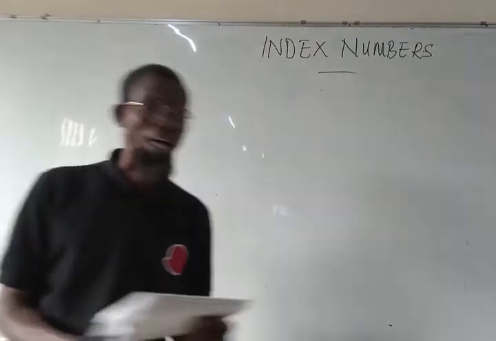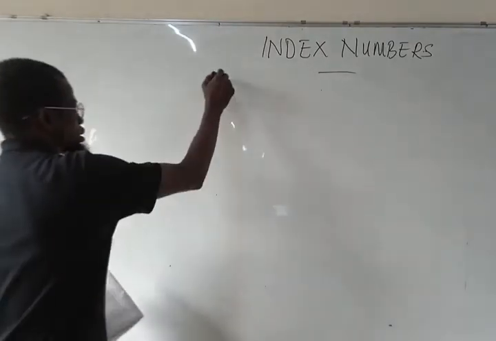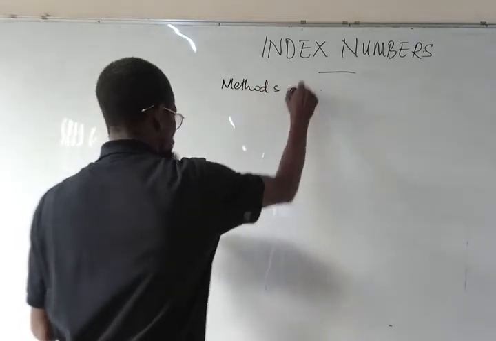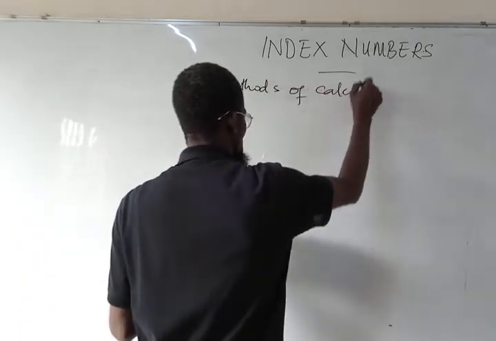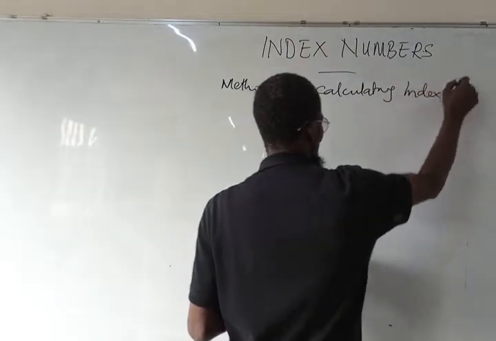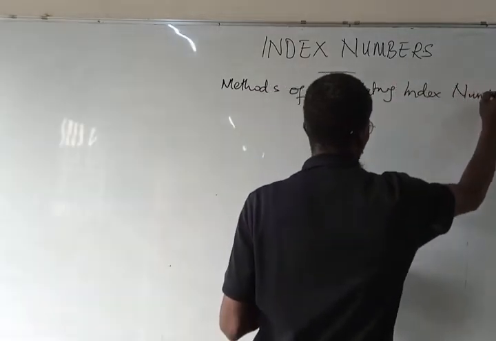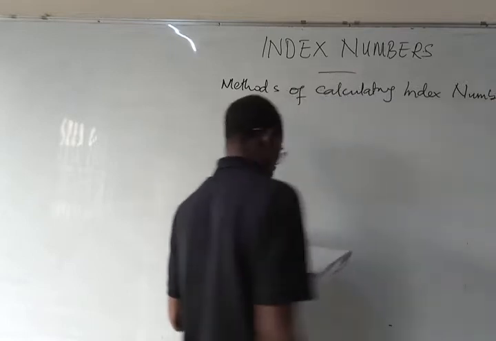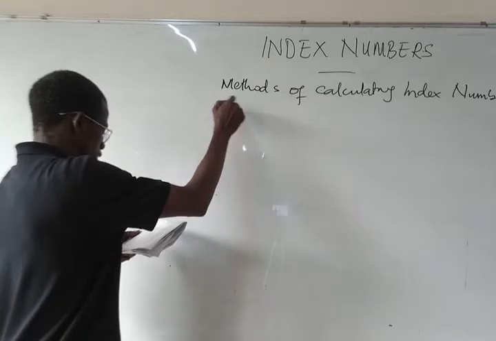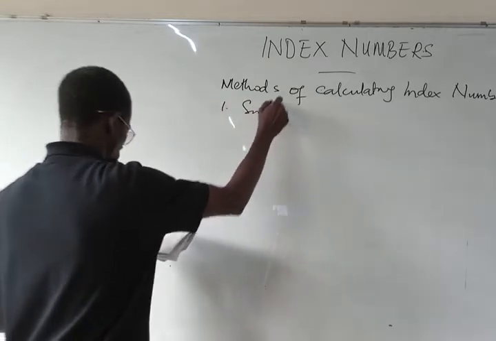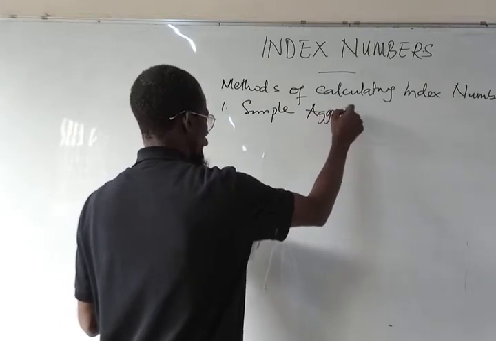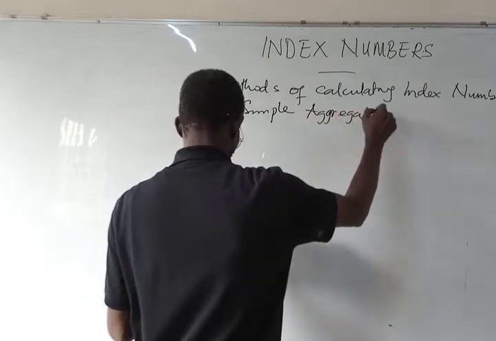So the first method of calculating index numbers is called the simple aggregate method.